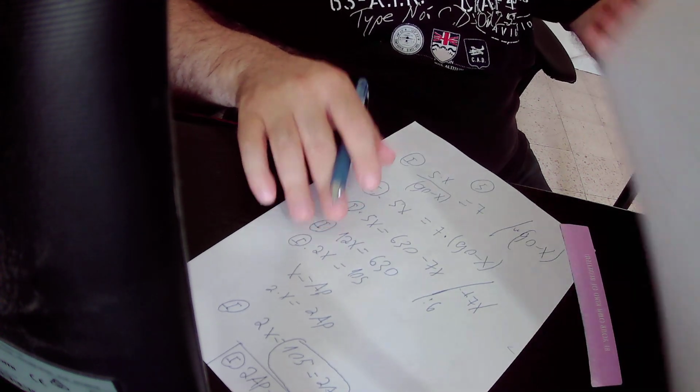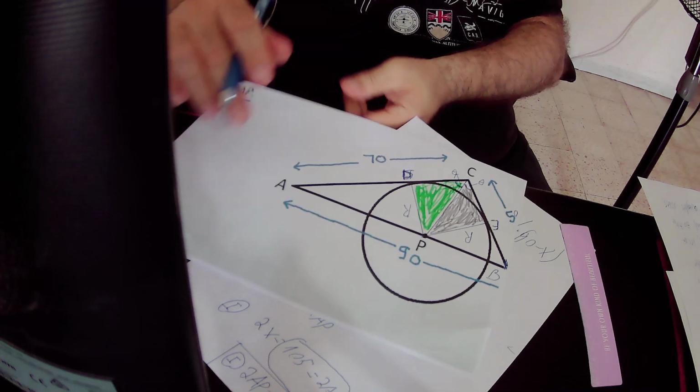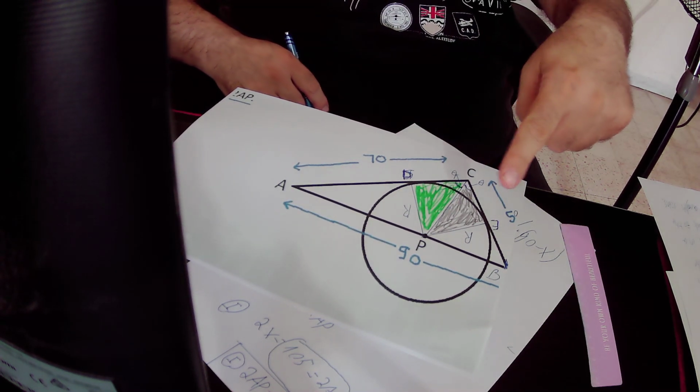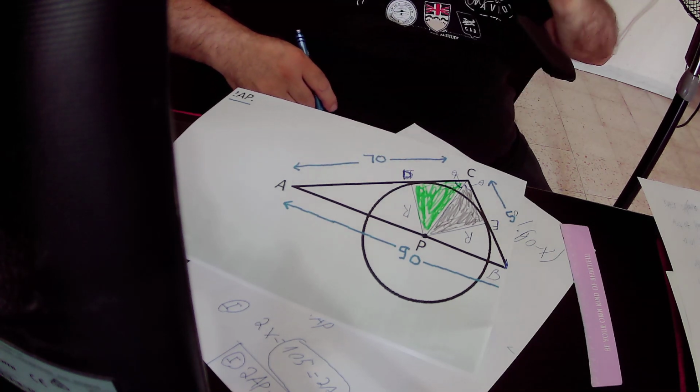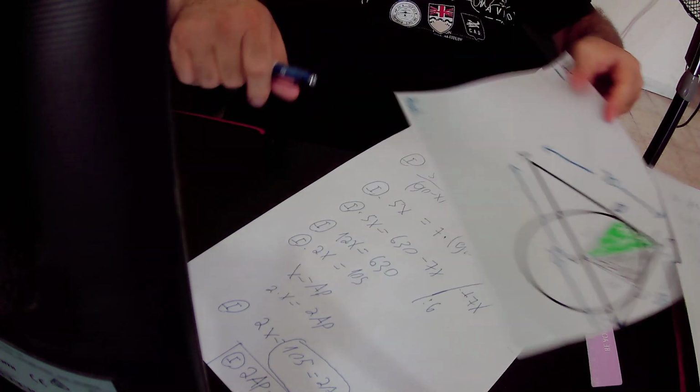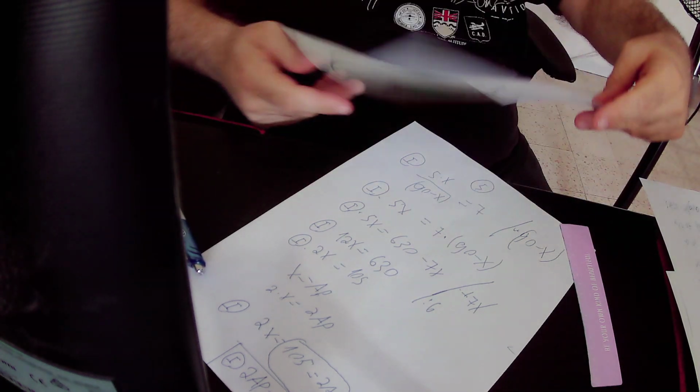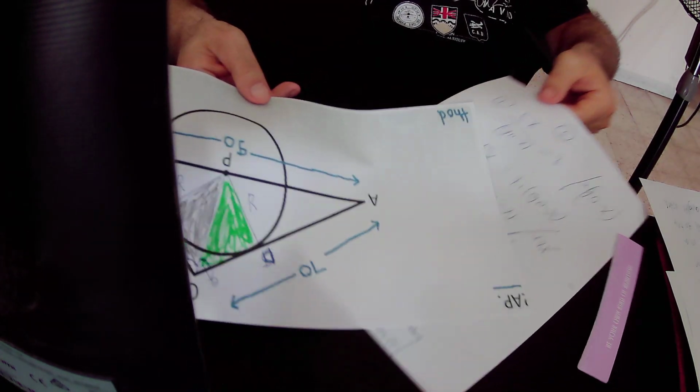Or you can see from the drawing, the value of 2 times AP equals 105 units. Okay, so now I will summarize the lecture.